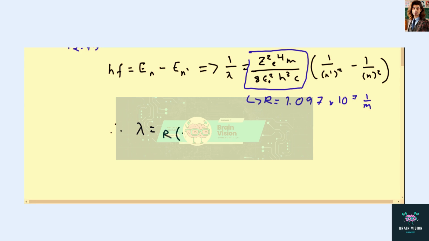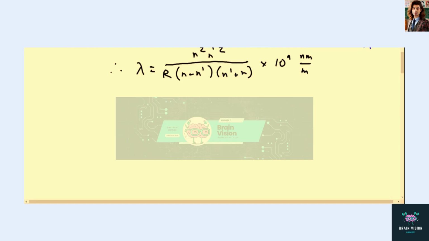It's R times n minus n prime times the quantity n prime plus n. That's all dividing just n squared times n prime squared. And we're going to want to multiply that by 10 to the 9th nanometers over meters, because it's just much nicer to have our wavelengths in nanometers than meters for coherency's sake. So now it's just kind of a plug and chug.